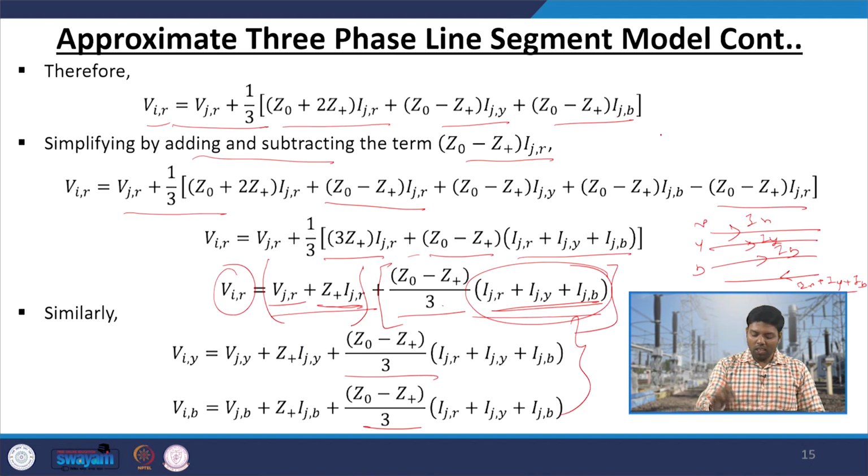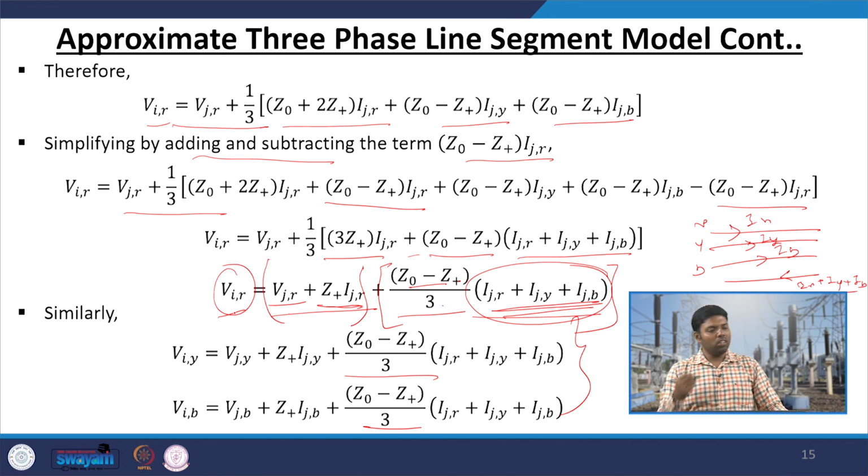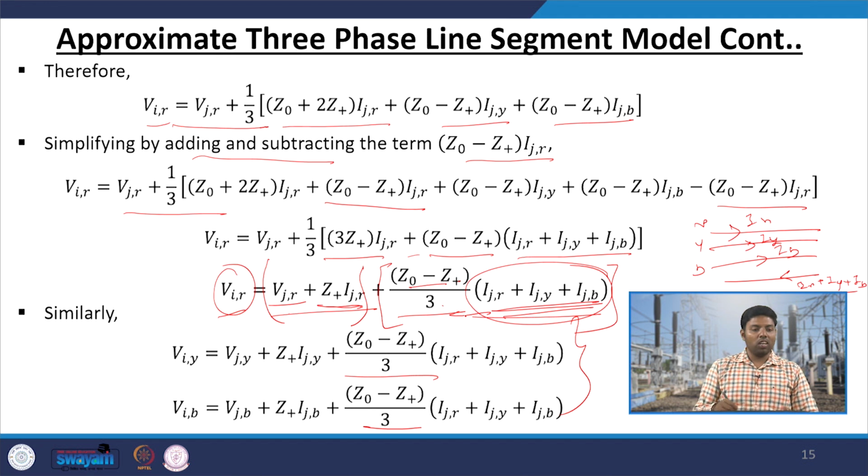So, by knowing only your IN value, you already know this Z0 and Z plus value, so you will get your actual phase voltage. You do not need the information of the mutual coupling impedances, right. So, those impedance values you get rid of in your voltage equations. So, that makes your life easier.